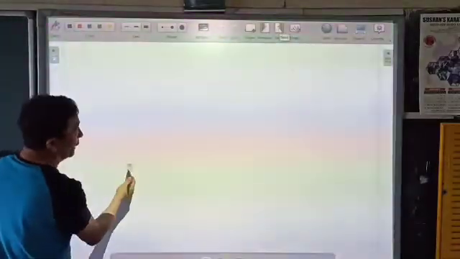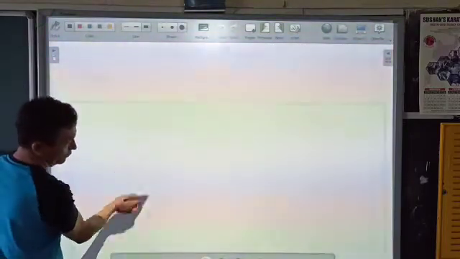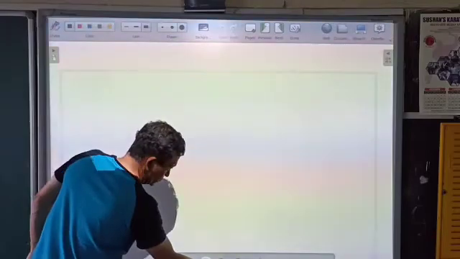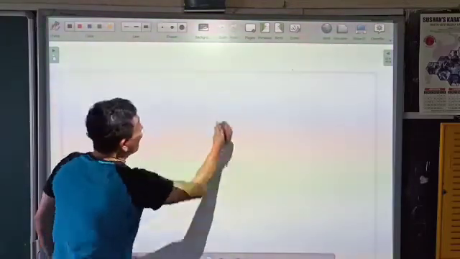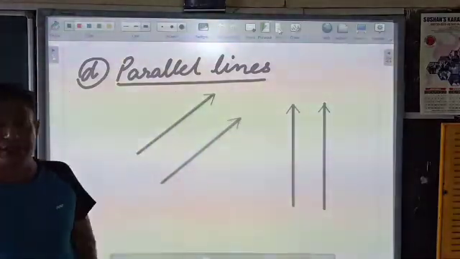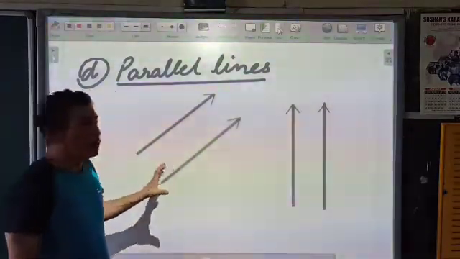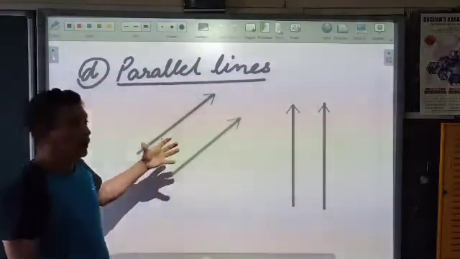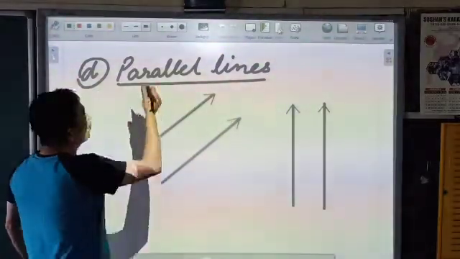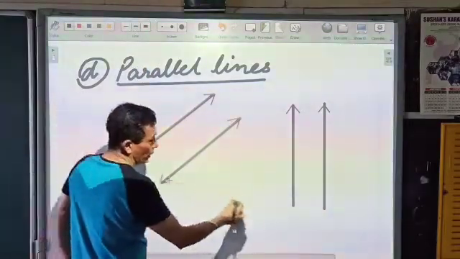And the next one, I have it here, parallel lines. Now what are parallel lines? Parallel lines are lines which are moving in one direction, or it could be in both the directions. It could be this way also.